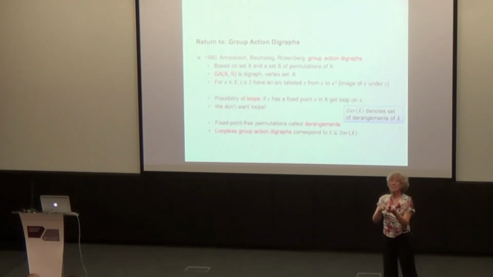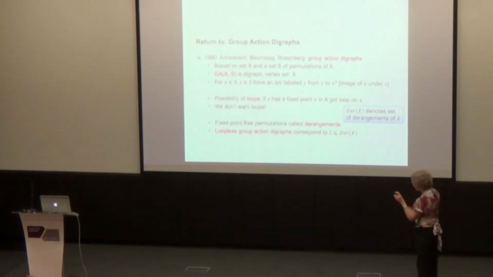We really didn't want loops, so we can avoid having loops by requiring that every S is fixed point free, or a derangement. So we're going to restrict to loopless group action digraphs, which says we're going to ask that this joining set S consists of derangements.